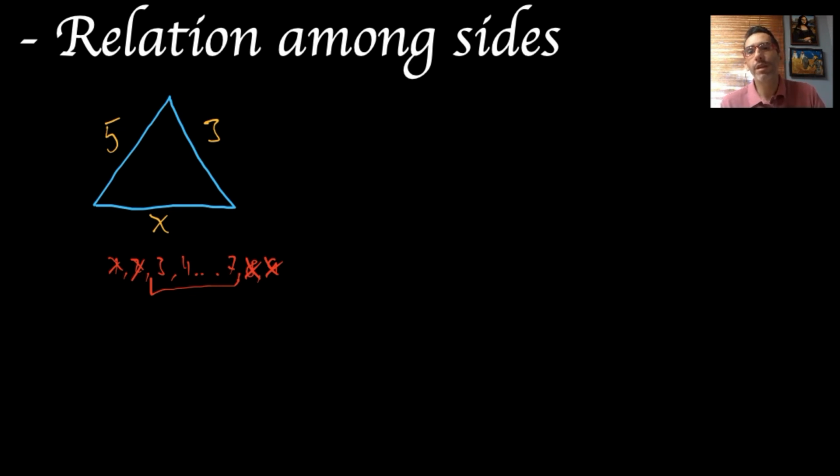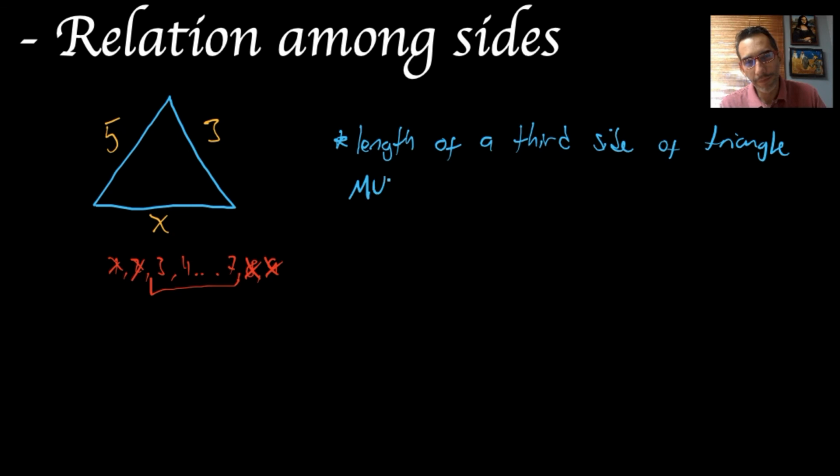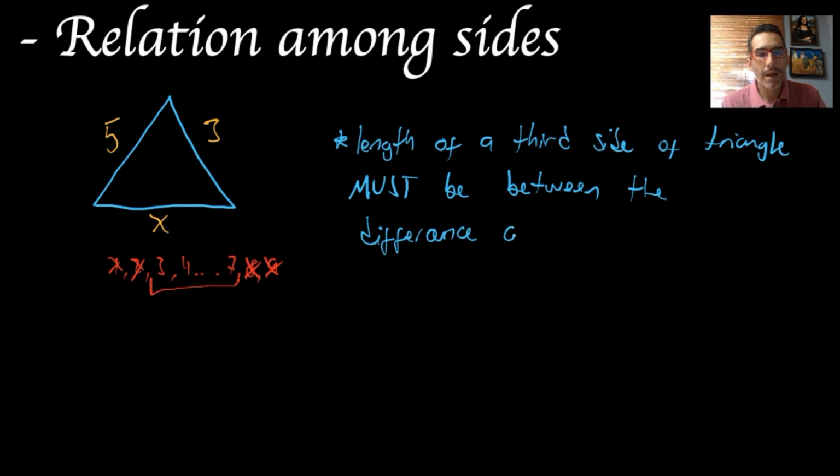Why? The property here says that, let me write it down, the length of a third side of a triangle must, it's not optional, it's obligatory, must be between the, and pay attention here, between the difference, so like the subtraction, okay, the difference, and the sum of the other two sides, okay?